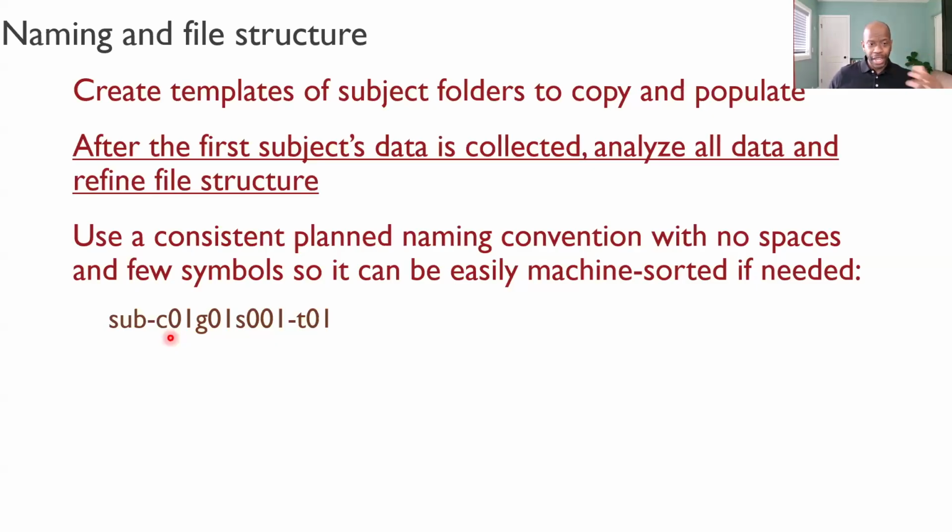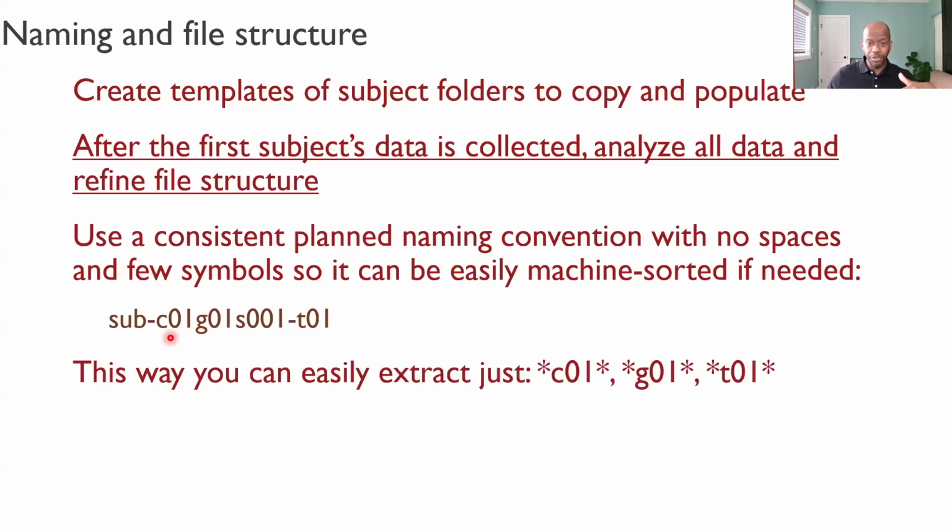So in this case, you see this is a fairly strange naming convention, but we might have one cohort, where the C stands for cohort. Within each cohort, maybe you have different groups, subjects, and trials. Okay? So you can embed quite a bit of information in your file names without making them too unwieldy.